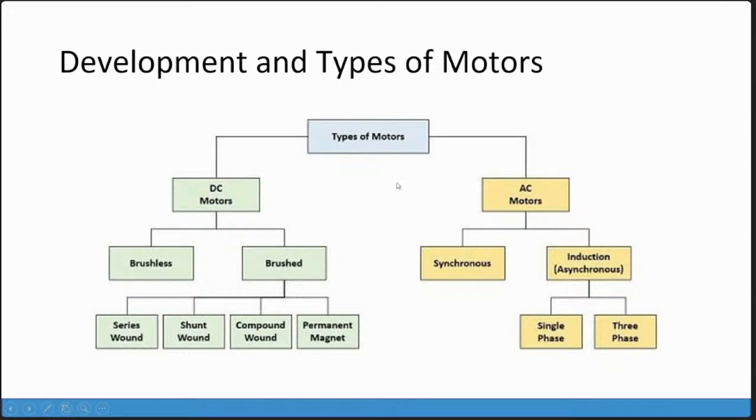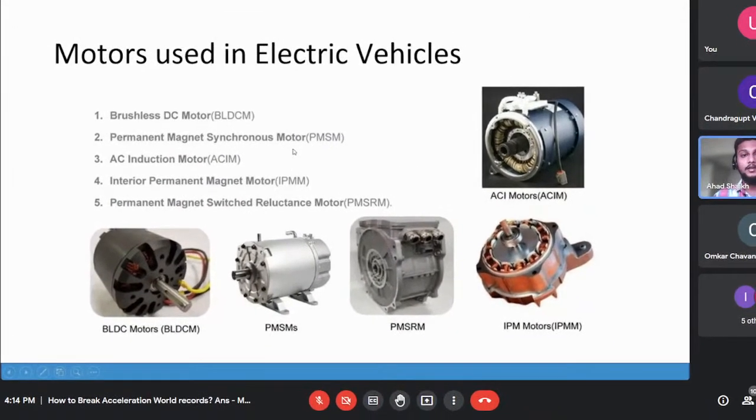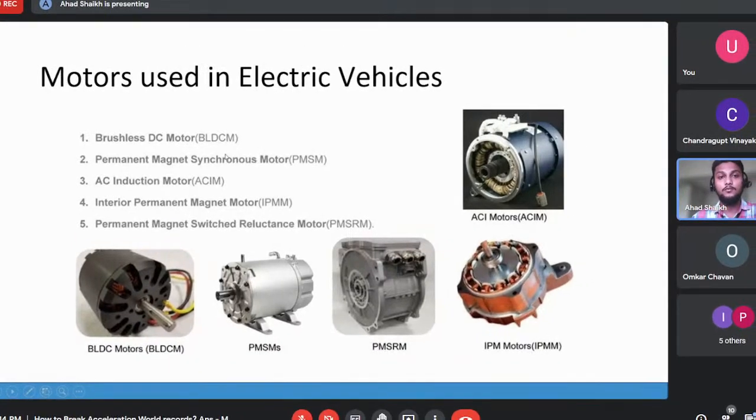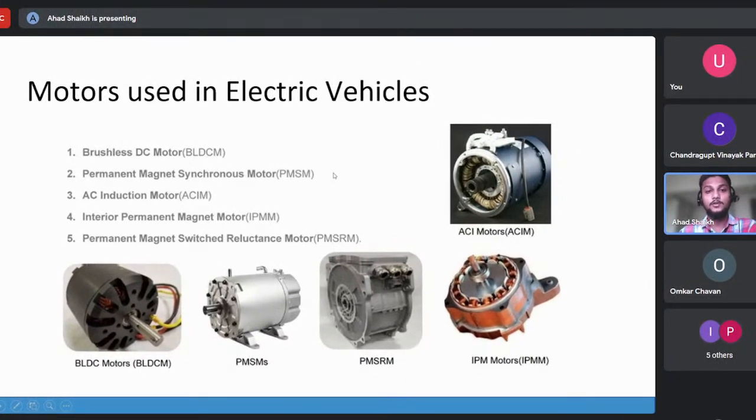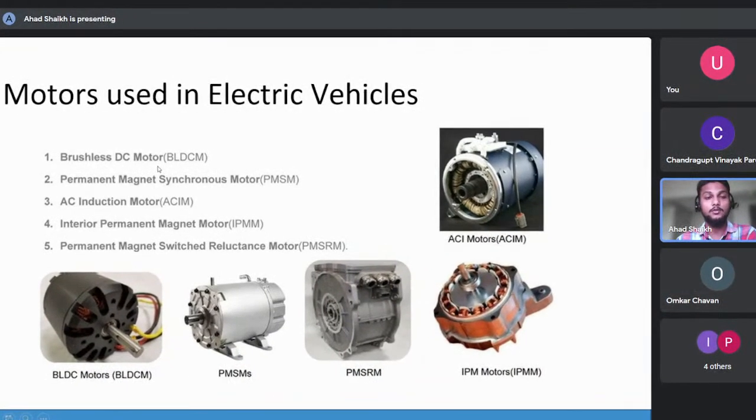And now let's talk about the different electric vehicles and which types of motors they are using. In electric vehicles, one type of motor used is the brushless DC motor, because brushed DC motors have a huge amount of losses, so they cannot be used, as it won't be very efficient. That's why we go for brushless DC motors.